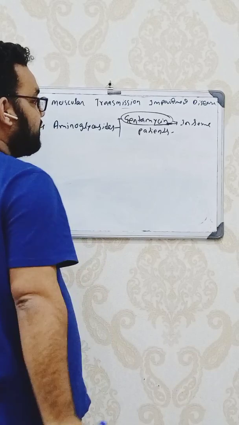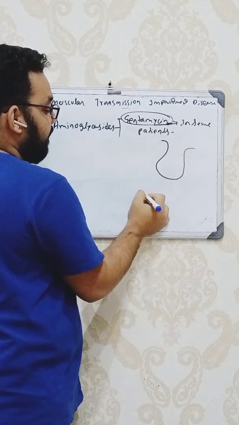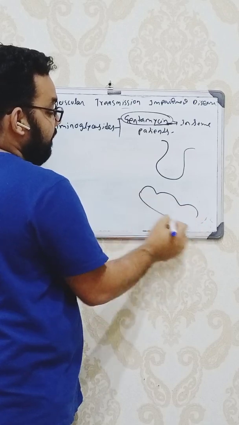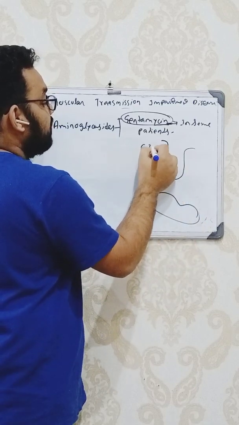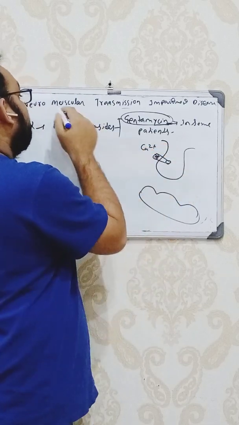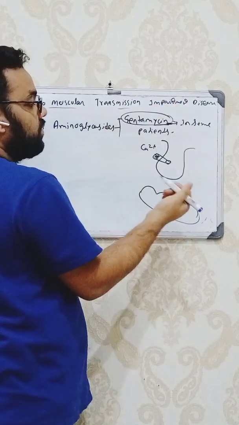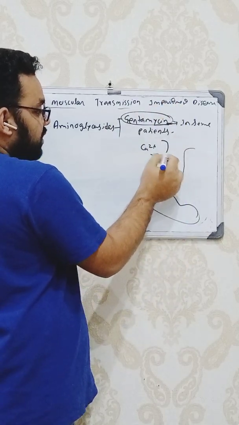you can see that these gentamicins can block the calcium channels. As a result, there will be impairment of neuromuscular transmission. There will be dysfunction within this part. Whenever this part is blocked, calcium will not be able to come here.